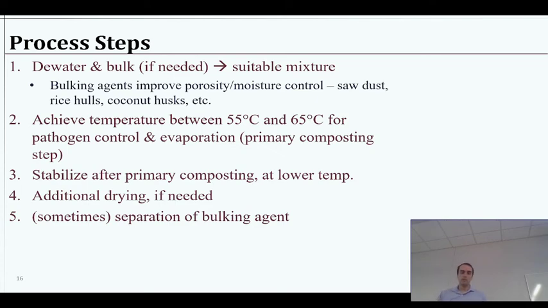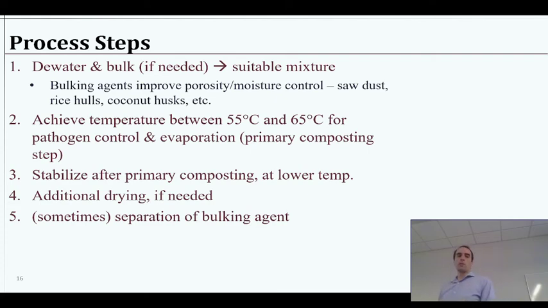land with heavy metals. Okay, so typical steps to do all this is to, first of all, dewater the sludge, and sometimes you bulk it with something like sawdust, rice hulls, coconut husk, something just that's organic. It's probably wanted to throw it away anyway, but it helps keep this muddy sludge stuff a little bit more aerated.